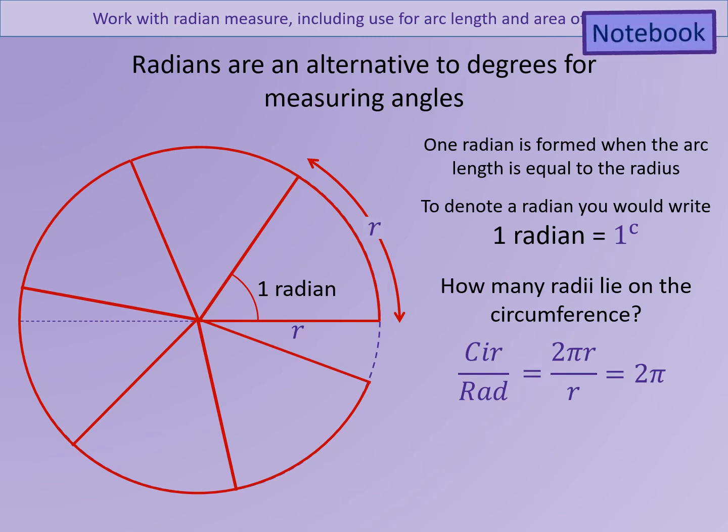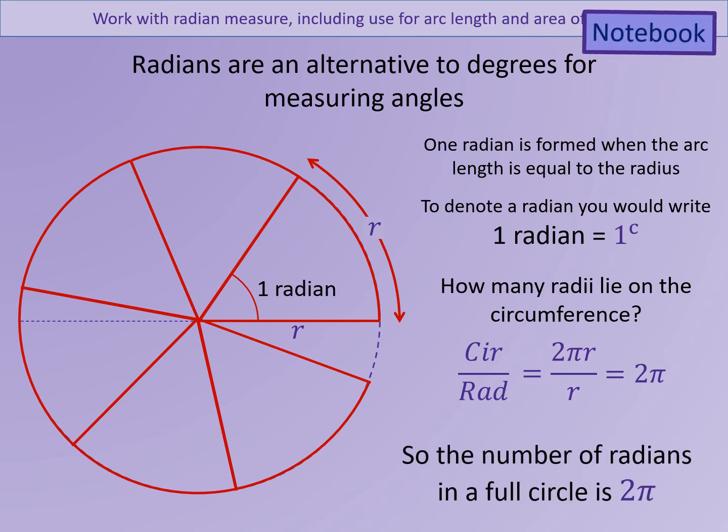That looks sensible on the diagram. You can see that 6 point something is the number of radii we've got around the circumference there. Okay, so the number of radians in a full circle is 2 pi. So therefore we can say that 2 pi radians is the same as 360 degrees.